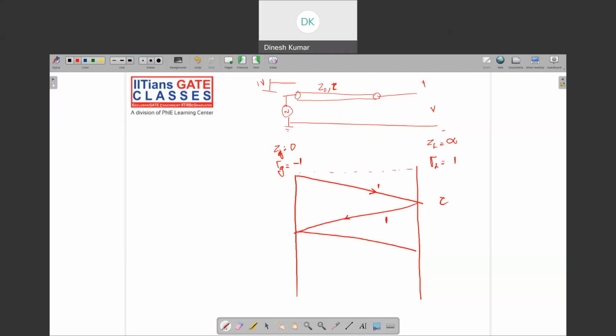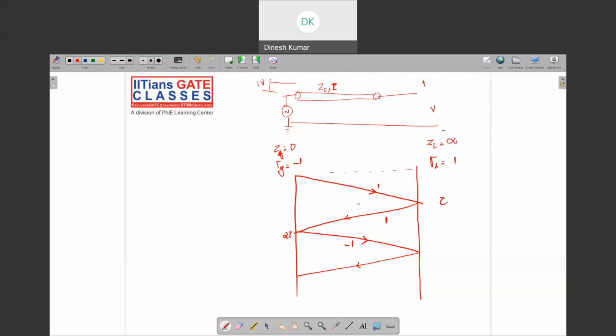Now what is the time it took? It is basically 2 tau, right? So this will be -1. Now we can check what is happening here.